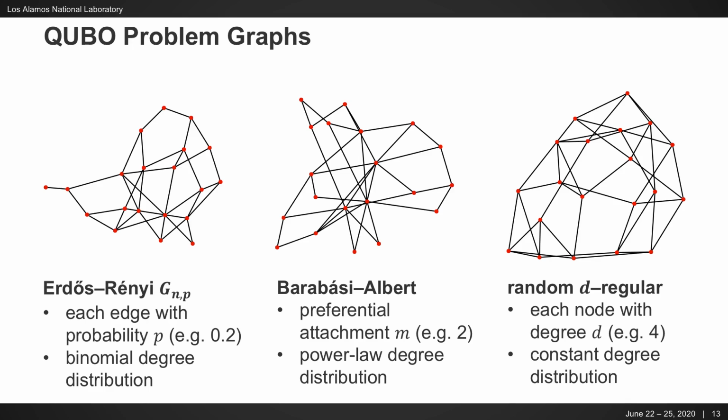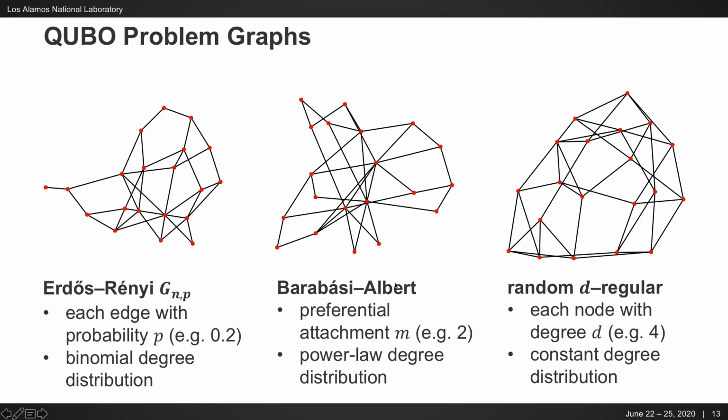So we went for random graphs, and most famously the Erdős-Rényi GNP graph model, where each edge is drawn with probability p. So here we see a 20-node GNP with edge probability 20%. So this gives a binomial degree distribution.